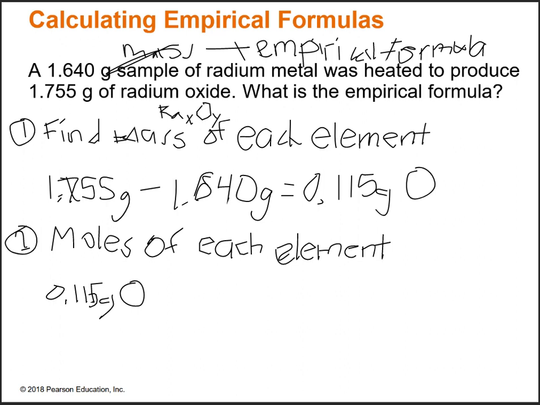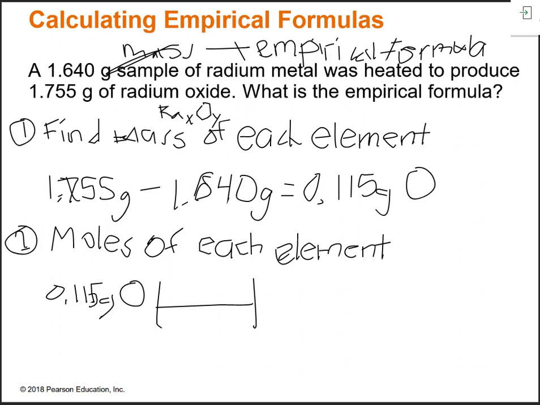How do you go from the mass of something to the number of moles of something? Not Avogadro's number. That's if we wanted to know the number of things. If we want to know the number of moles from mass, it's the molar mass.